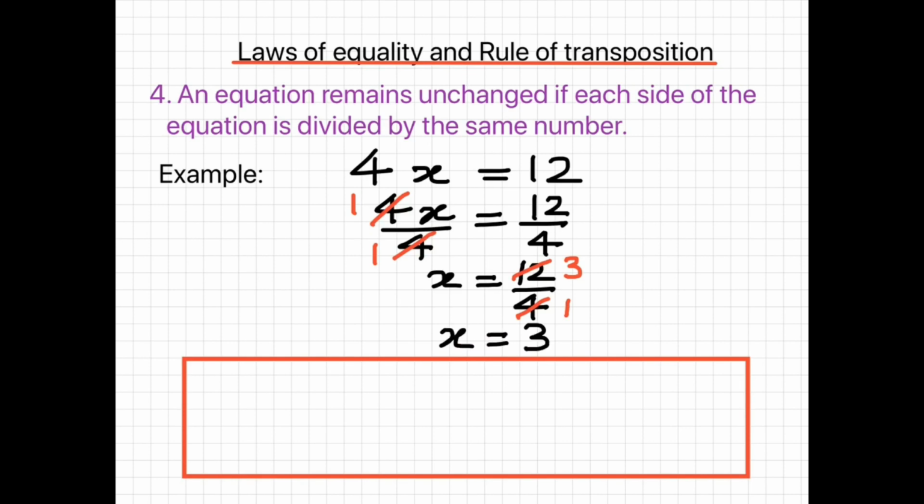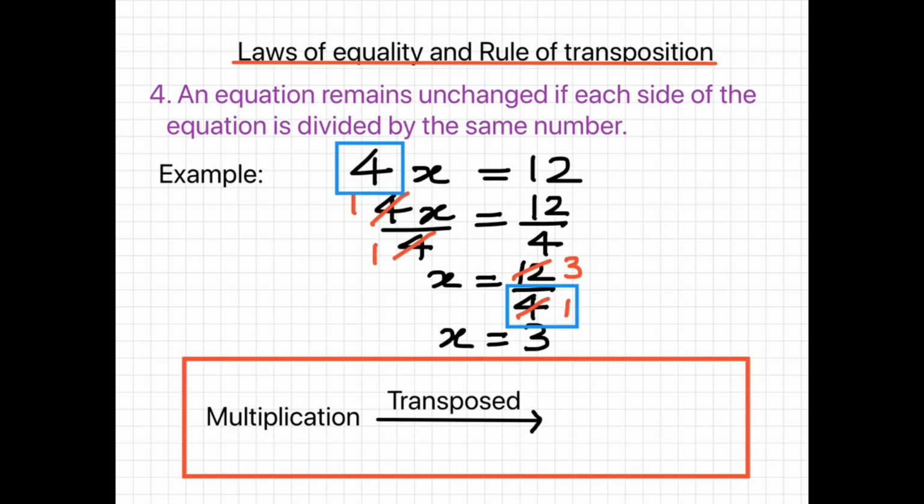Now you can note that 4, which was multiplied on the left hand side, is divided on the right hand side. That is, dividing both sides by 4 is same as transposing 4 to the other side by changing its sign. Hence, when a number is multiplied on one side, when transposed to the other side, it is divided.